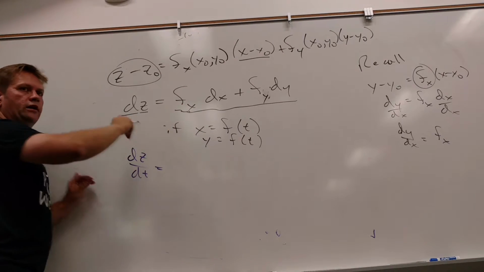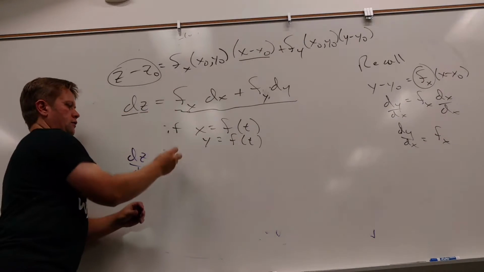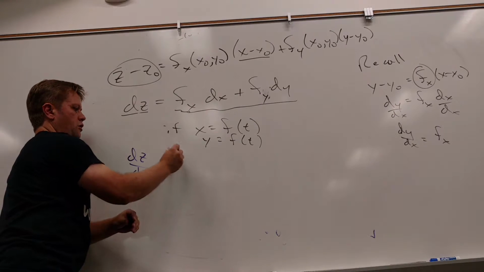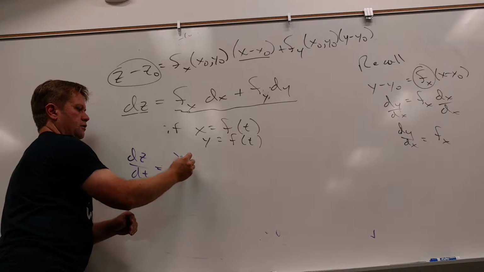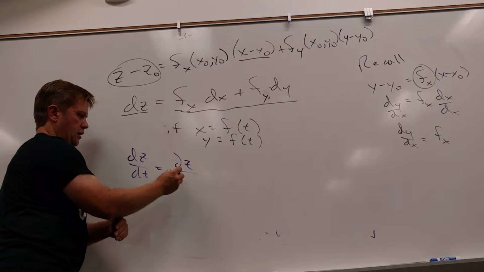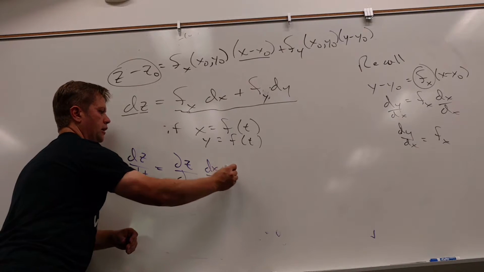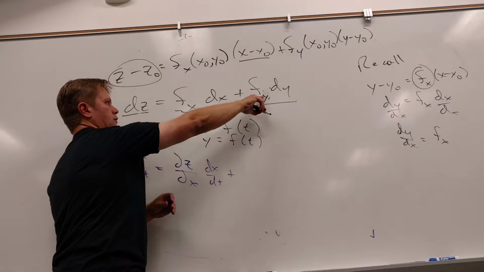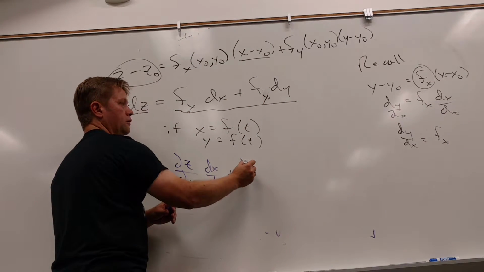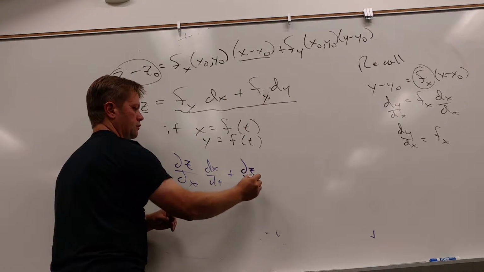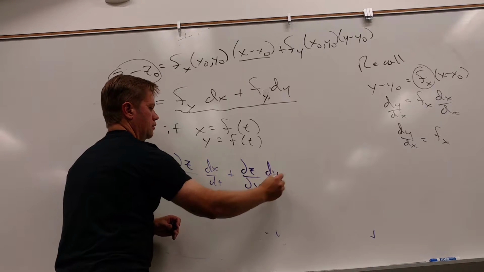What is fx? Write it fully out. What's it look like, fx? The partial of z with respect to x, and this will be dx/dt, plus the partial of z with respect to y, dy/dt.